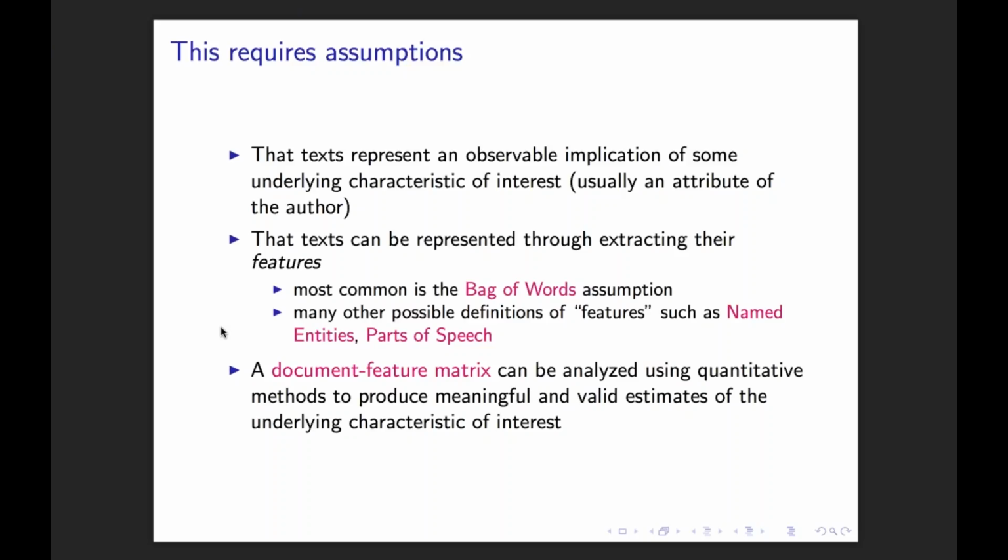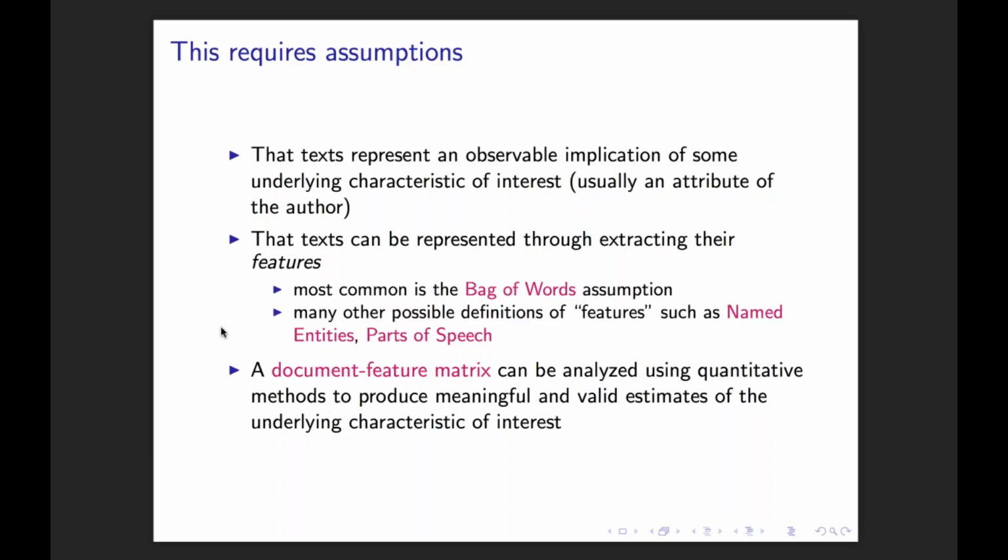As I showed you in the previous table, the most common feature is bag of words. So this means that we're interested just in the frequency with which somebody uses a given word. However, it doesn't just need to be words. We might also be able to think about other kinds of features or important input variables, such as the name of particular entities, like people or places or things. We might also be interested in parts of speech. So that would include things like whether it's a noun or a verb or an adjective.